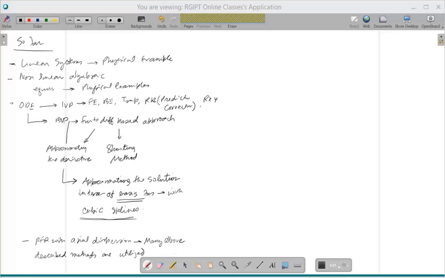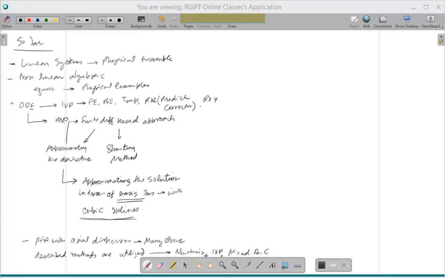For example, Newton's method, then solving the initial value problem, and then of course you have mixed boundary conditions, which makes it difficult to handle.